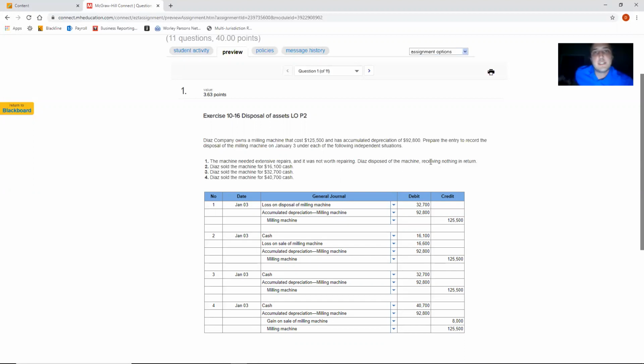At this point in time, we have to remove the 125. This is an asset that we're getting rid of, so to decrease the asset, we're going to credit it for the 125. Then we need to wipe out the accumulated depreciation that we have. Accumulated depreciation is a credit, so we need to debit it for that amount. All of our journals need to balance.